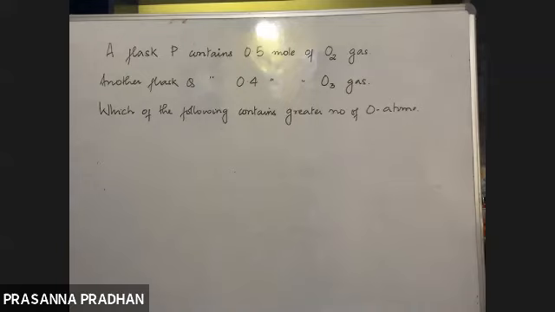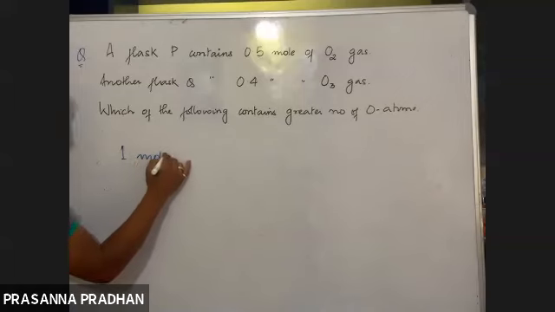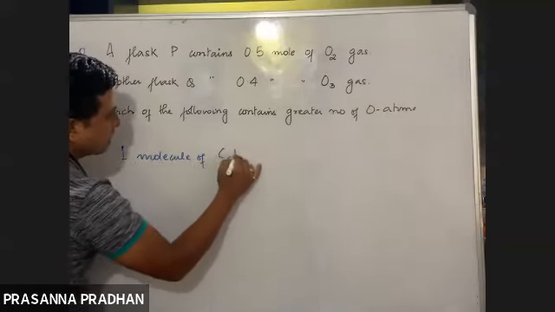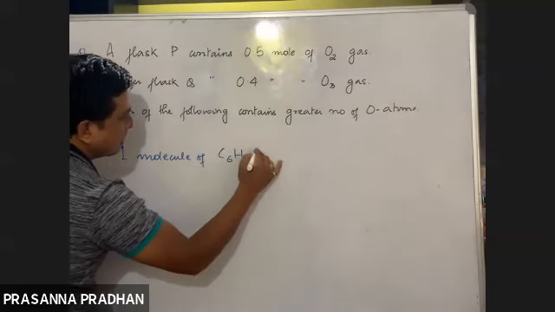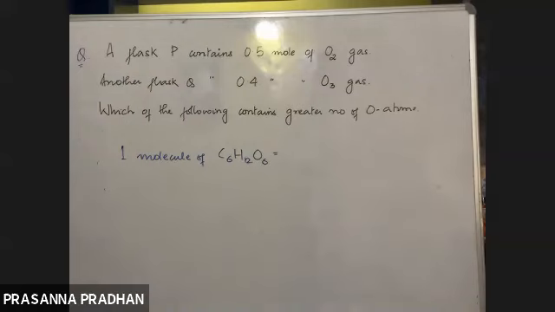Now, before I start with this problem, let us just clear this concept out here. So one molecule of glucose. This is the molecular formula of glucose. What is the definition of molecular formula? Any one of you? The molecular formula of water is H2O.